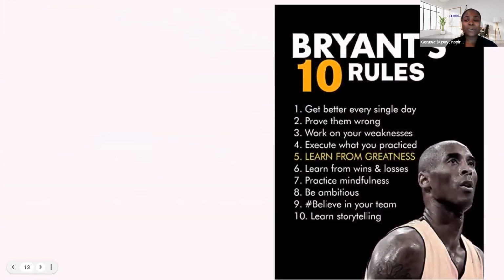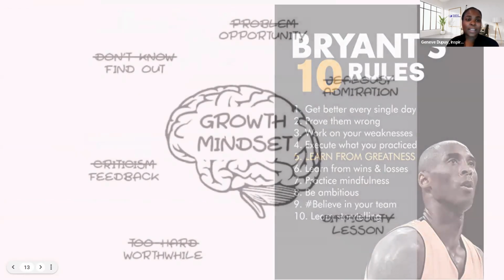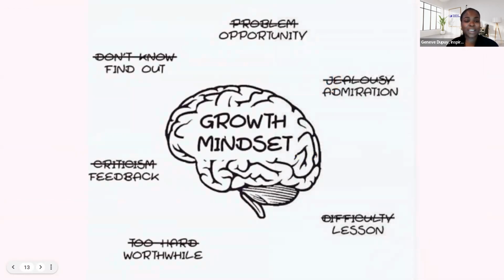For sports people, Kobe's got a lot of great gems, or whoever students are fond of, you can generally find a great sports quote for them. That might be something that you want to ask students, like, which of these points really resonates with you and why, and how can we apply it to your educational goals and your testing goals in particular. And lastly, let's not forget, we can always go the route of education and think about our growth mindset.